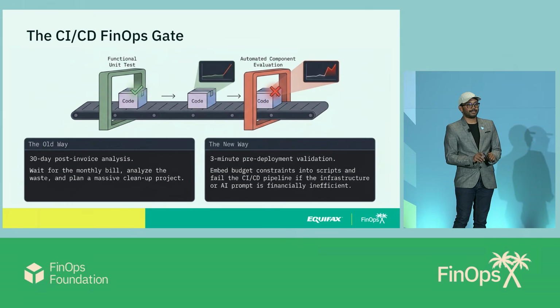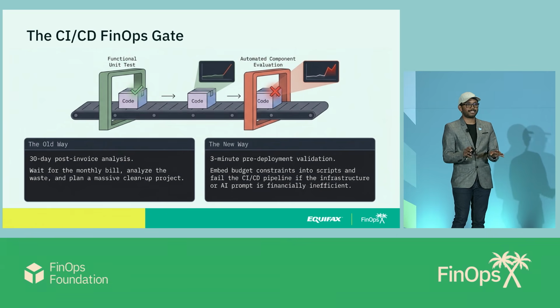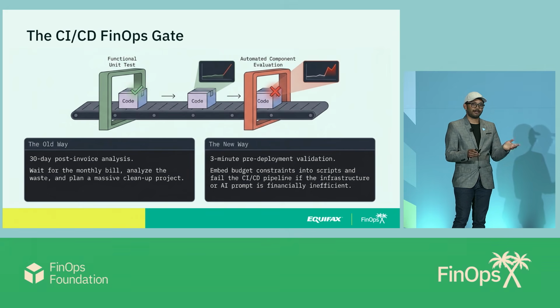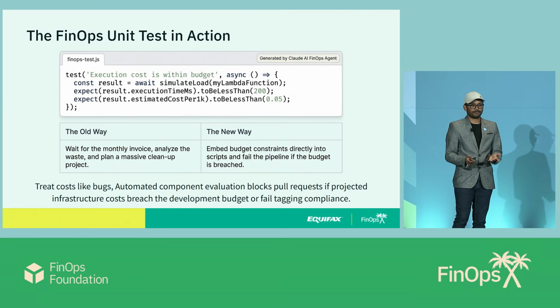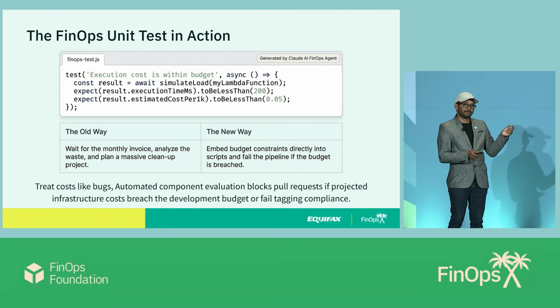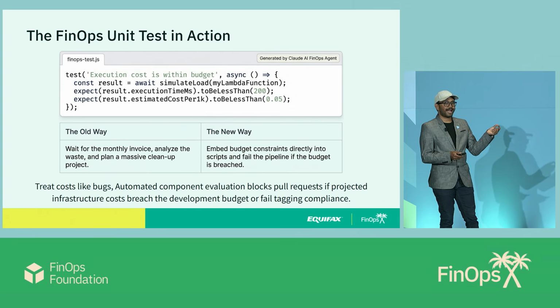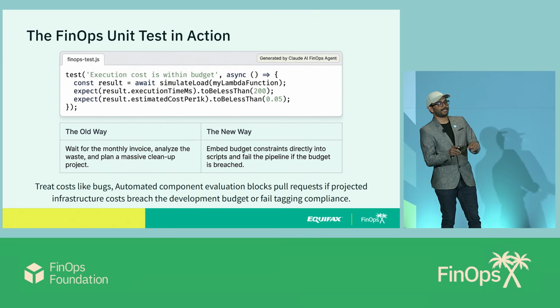And this is a simple CI/CD FinOps gateway that I could think of, where it can break silently, not stopping the developer or halting the CI, but just failing silently with GitHub Actions or Jenkins. I asked Claude to generate a FinOps unit test which can be in an action.